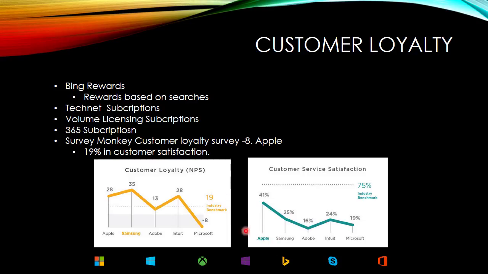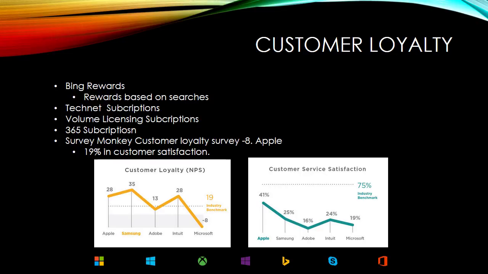So I was able to find a couple of surveys. Specifically, SurveyMonkey had conducted a customer loyalty survey, and as you can see here, Microsoft got a -8 in comparison to Apple, which is 28. What I found a little biased about this customer loyalty survey is that Microsoft's customer base is corporate America.